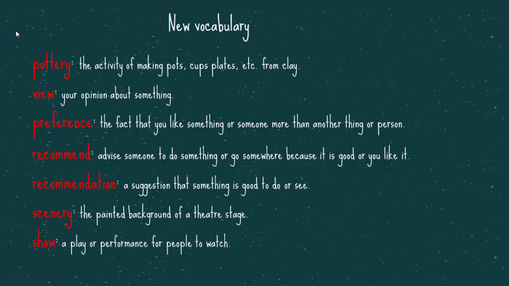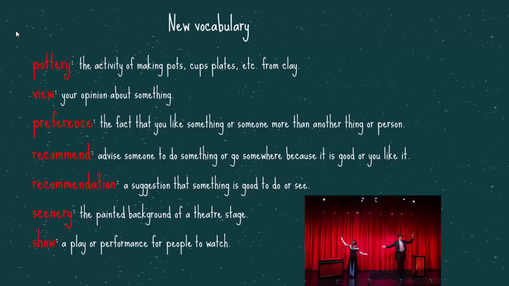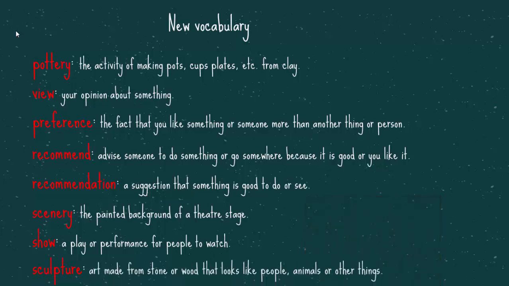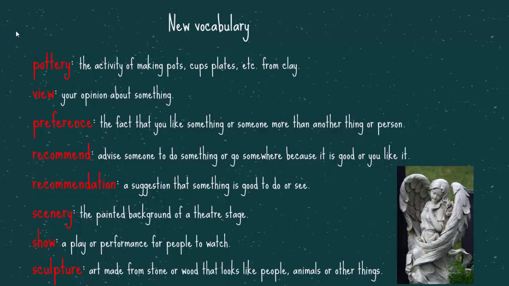Show. It's a play or performance for people to watch. And here's a picture. Sculpture. It's art made from stone or wood that looks like people, animals or other things. And here is a picture.